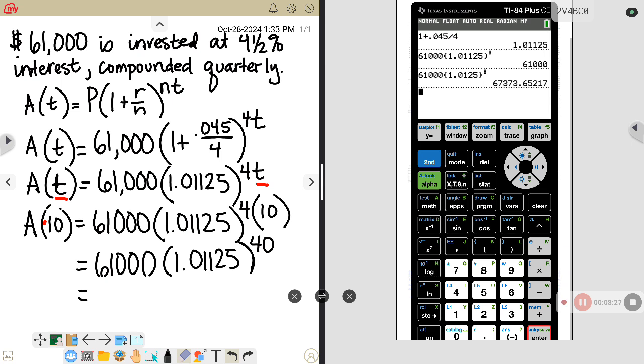So same thing in my calculator, 61,000, open, 1.0, looking at my last one, look what I did there. I left out one of the ones, so let's go back and do that one again.